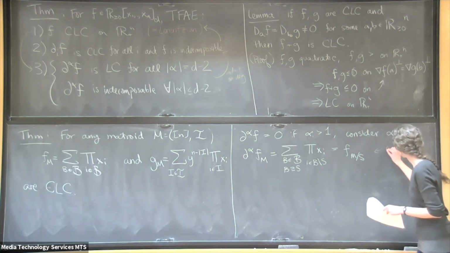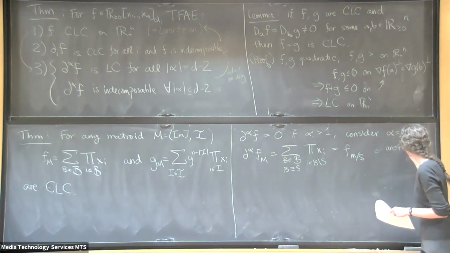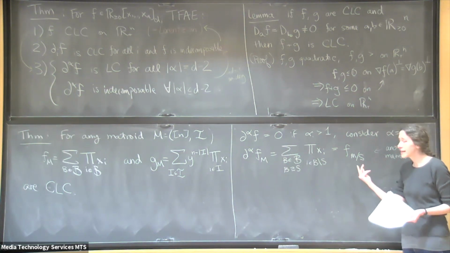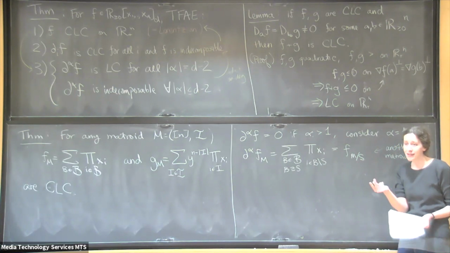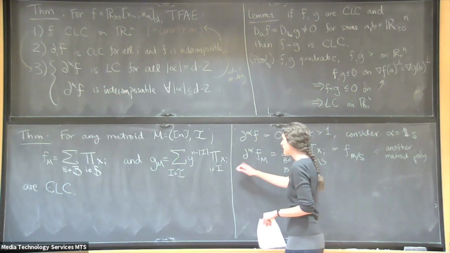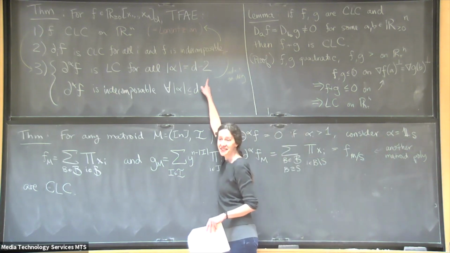So this will be another matroid polynomial, except here all of the bases will only have size 2 because it's quadratic, because that's how many derivatives I'm taking.